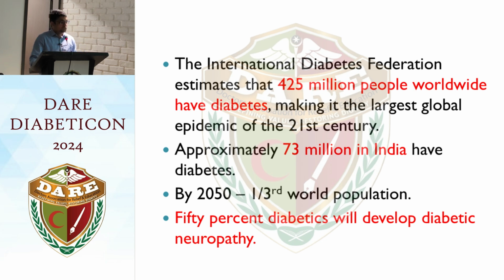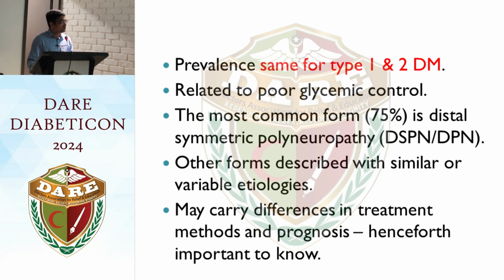The prevalence of diabetic neuropathy is the same in both type 1 and type 2 diabetes. It is majorly related to poor glycemic control. Almost 75% of these diabetic neuropathies are distal symmetrical polyneuropathies, which I said is the usual peripheral neuropathy we commonly see.